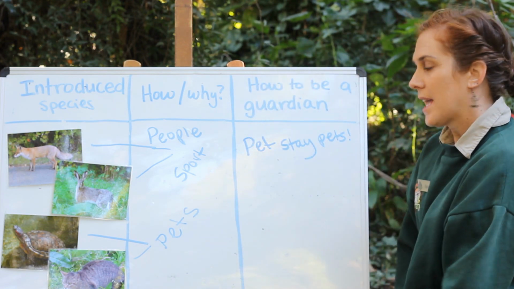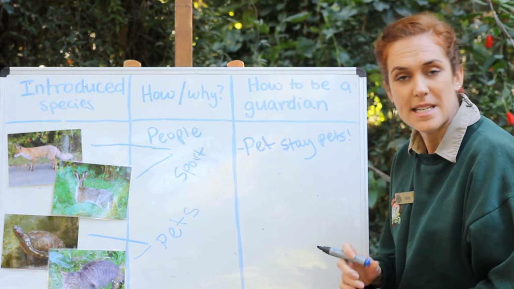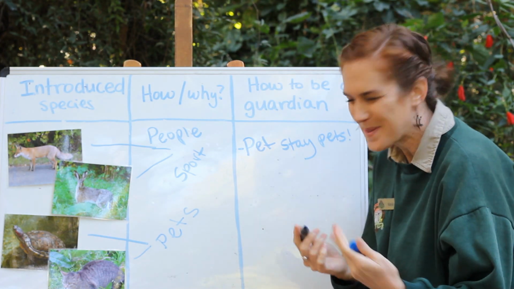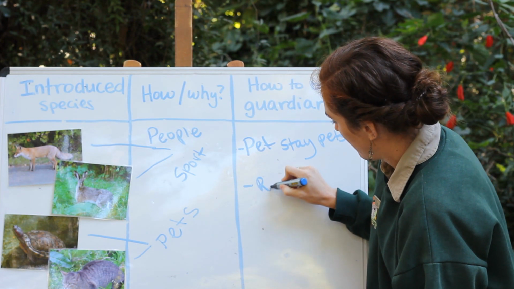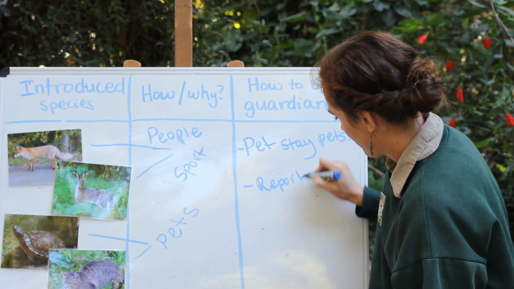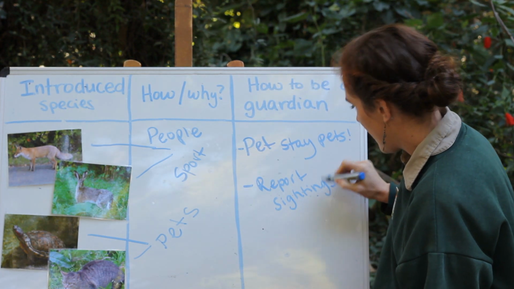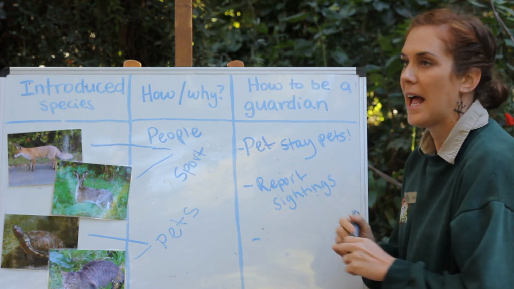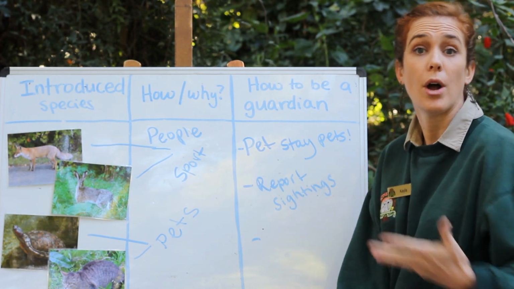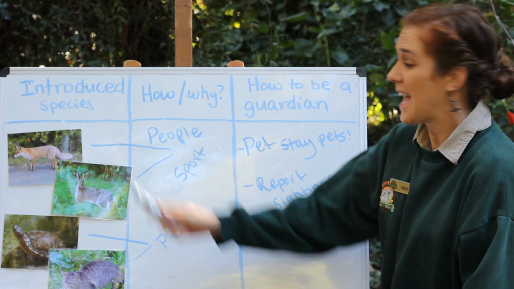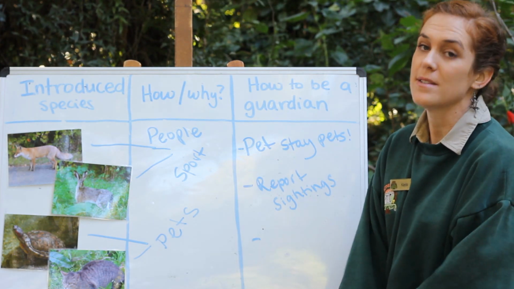Another thing that we can do if we do see an introduced species, a species that is not native, is that you can report it. And then we can also look at how we're managing the plants that we plant around our homes. It's not just animals that can become introduced or invasive, plants can also be invasive.